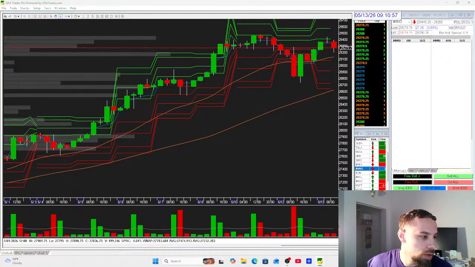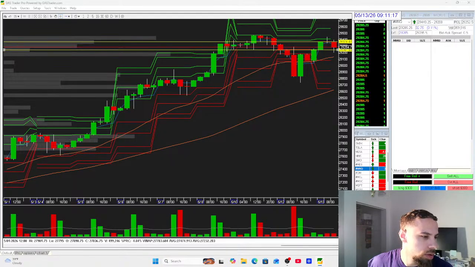So I'll say right there. So marking some resistance areas, some support areas. So right there's a support area.